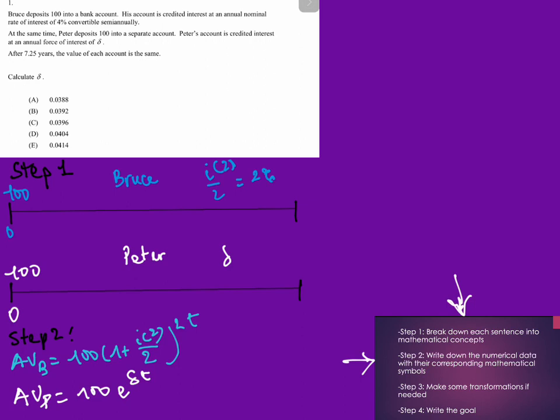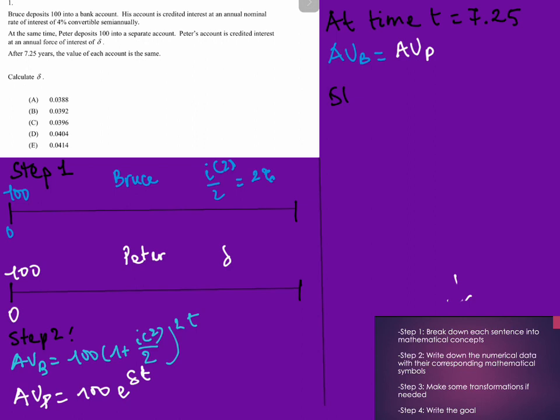The last equation is that after 7.25 years, the value of each account is the same. So that is what we are going to write mathematically: at time t equal to 7.25, the account values are the same at that particular moment.